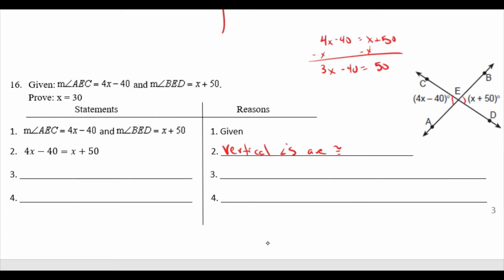So we're not going to show the work here. We're just going to put down the next equation. So 3x minus 40 equals 50. And then we would add 40 to both sides, okay, to get 3x is equal to 90. Oop, and then we actually need a number 5.